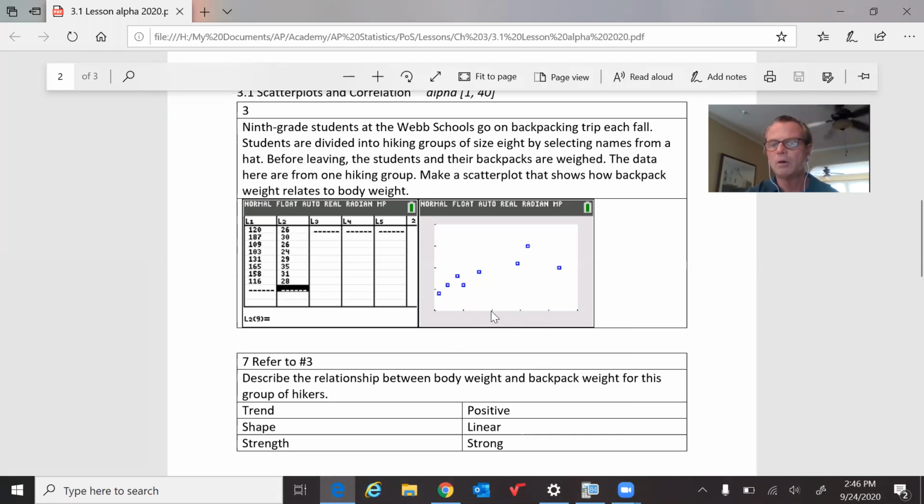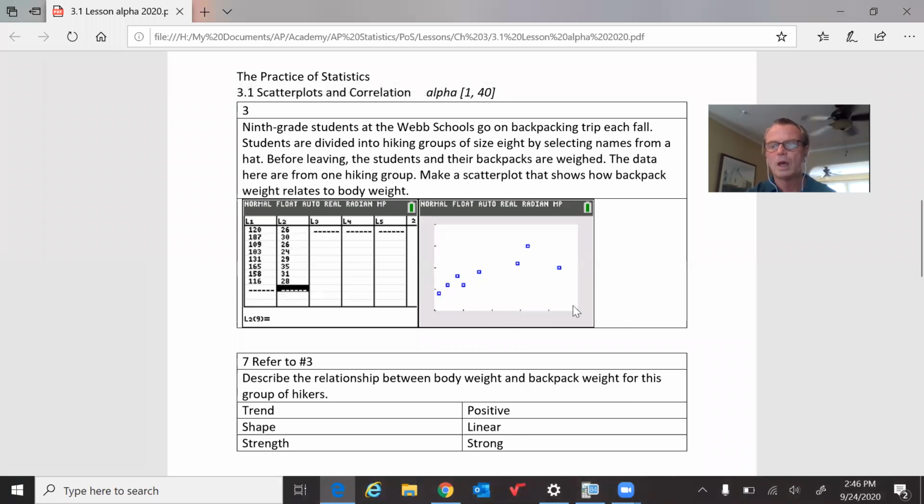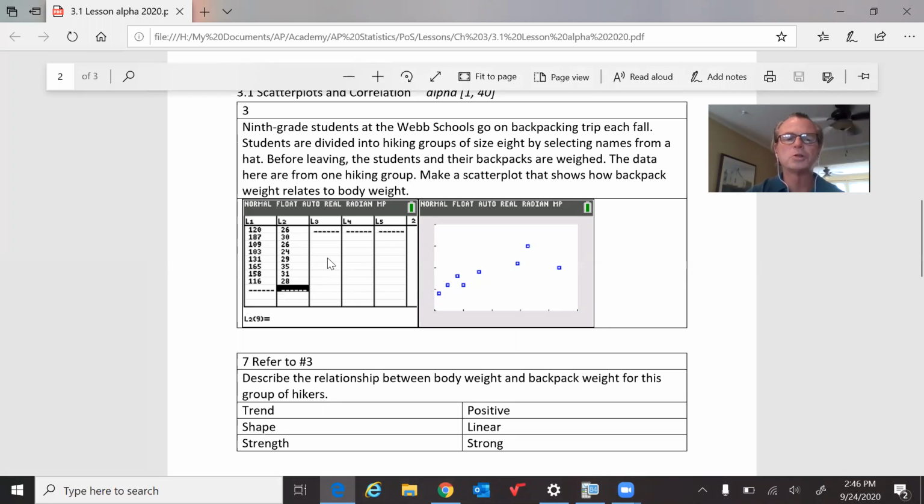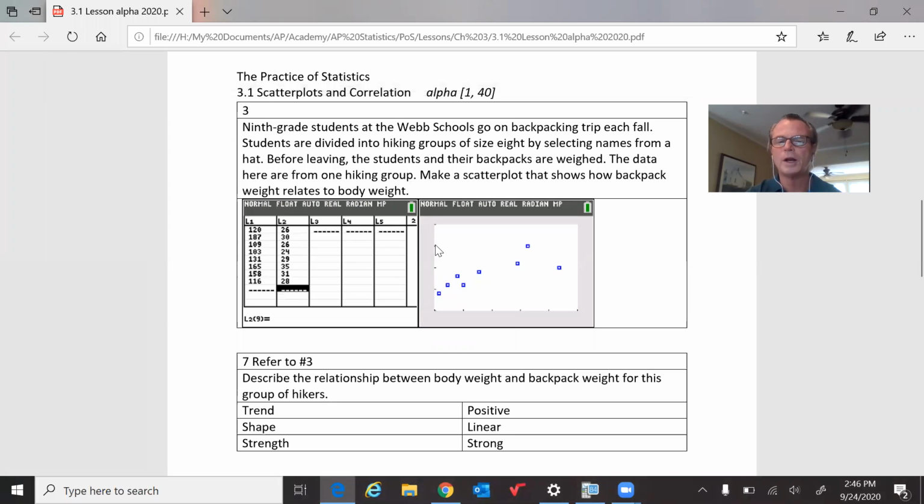So there's 120, 140, 160, 180, 200. And for the backpacks, the lowest backpack looks like it's 24 pounds, and the highest looks like it's 35 pounds. So I went from 20 to 40 with the scale being 5. So 25, 30, 35, 40, and you get this picture.